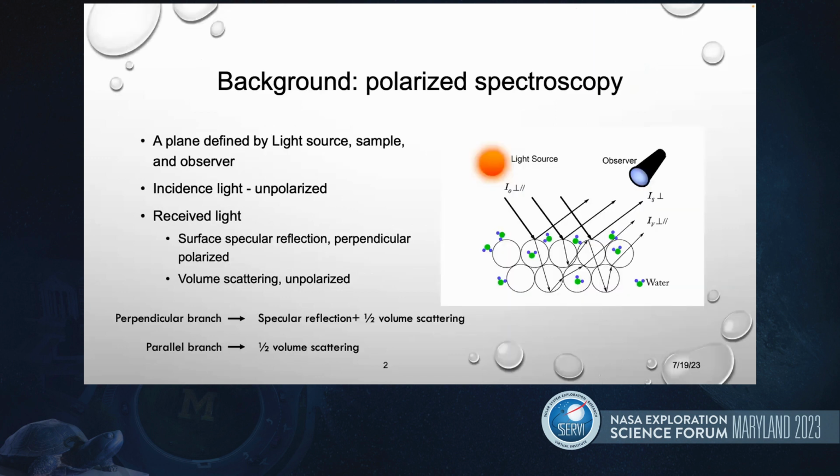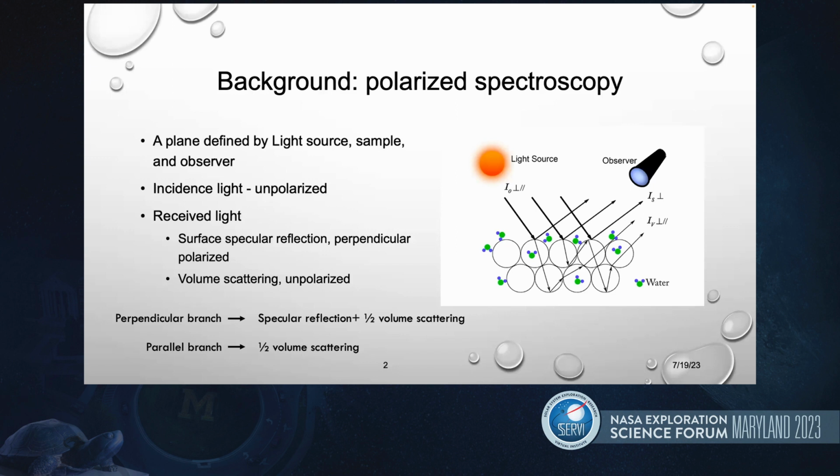Next slide, please. So let's start with a little background on polarization. If you imagine a plane, or you can just look at the schematic diagram here, that's defined by the light source, the sample, and the observer, then this plane is basically parallel to the screen you're looking at. The light that oscillates parallel to this plane is the parallel branch, and the light that oscillates perpendicular to this plane is the perpendicular branch.